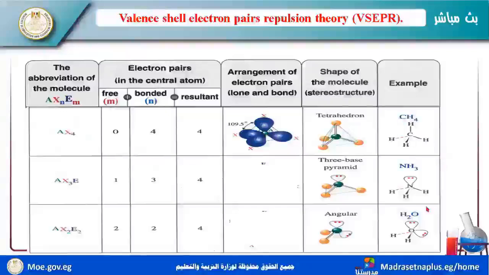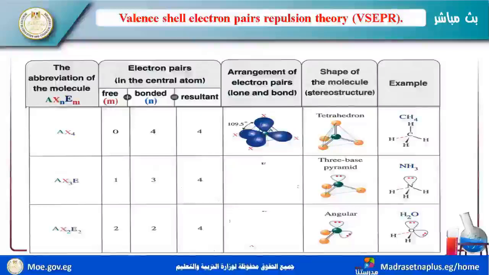Now we have NH3. Firstly, write the electronic configuration of nitrogen. Its atomic number equals 7. Now write with me: nitrogen, helium 2s2, 2p3.